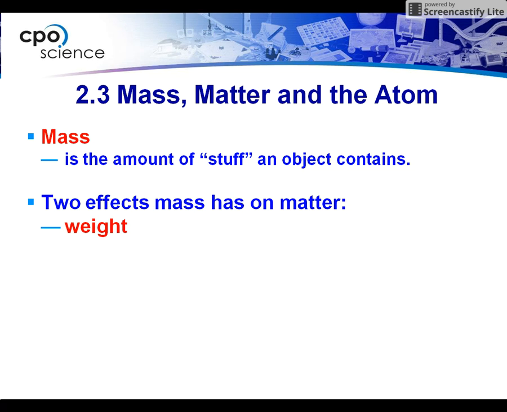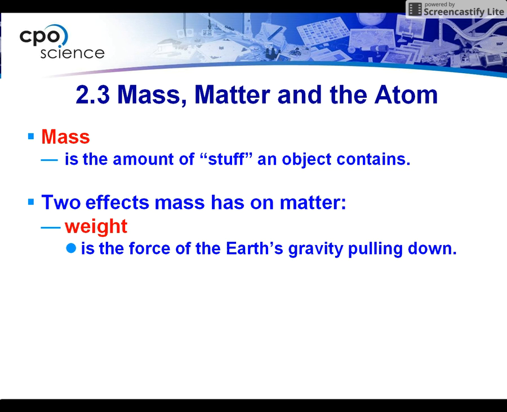The first one is that you have a weight. Now that weight is actually how much force there is on you because of the Earth's gravity pulling down on you. Many students have a tendency to use the terms mass and weight as if they're the same thing. In our class, mass is just how much stuff you contain.